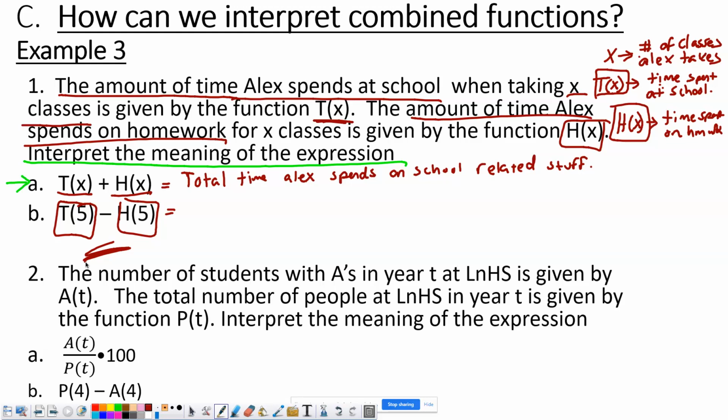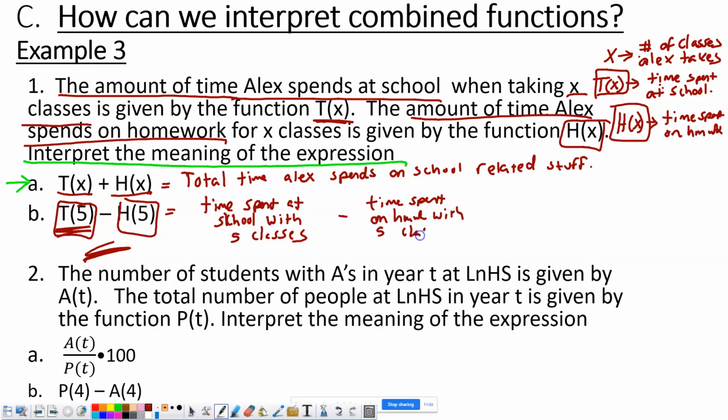Well, if this is the time spent at school with 5 classes, that's this one, minus time spent on homework with 5 classes, what would subtracting those two things tell you?